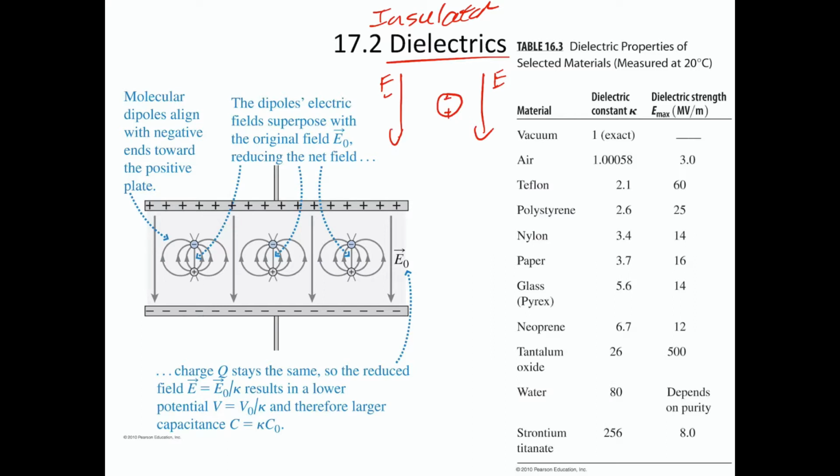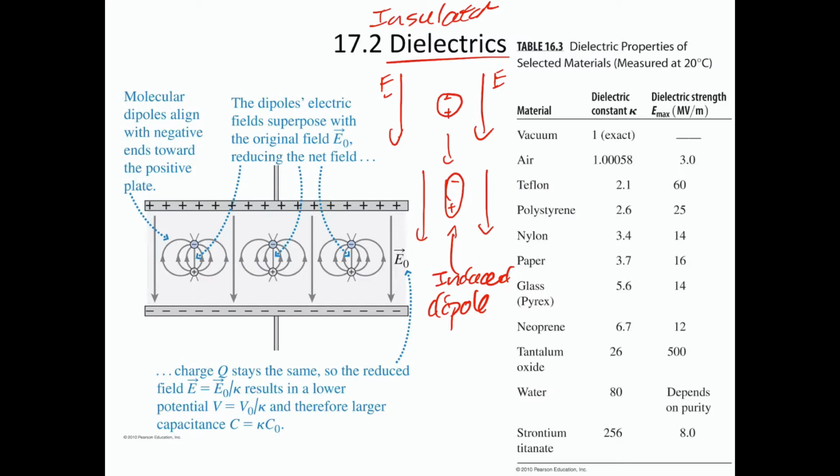So if you have a neutral atom, this atom will become slightly distorted under the influence of the external electric field, becoming negative and positive. We call this a dipole, and we call this an induced dipole. It means originally you don't have a dipole, but it is induced by the external electric field.